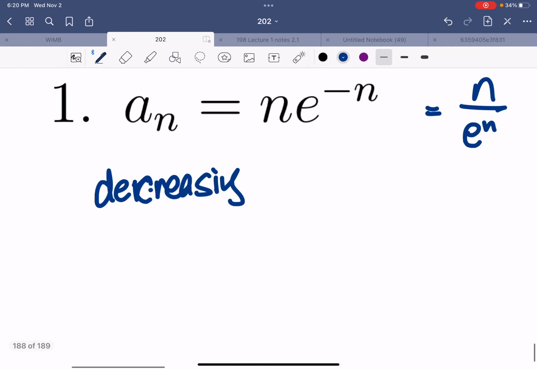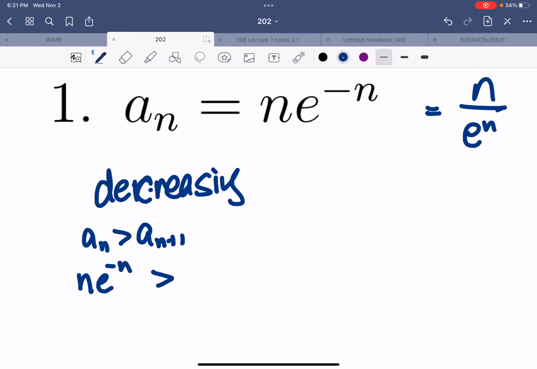So we want to show that a_n is greater than a_(n+1). And let's see what happens. So we have n e^(-n), we're saying, is greater than (n+1) times e^(-(n+1)), right?